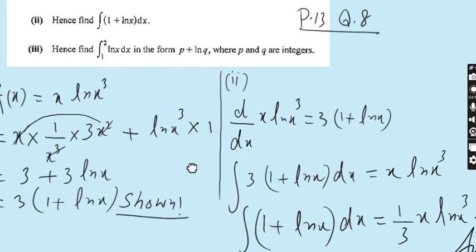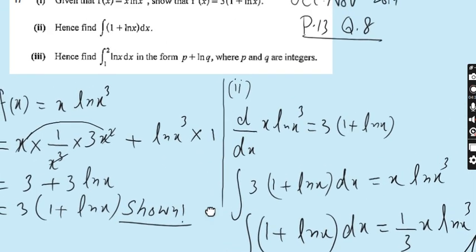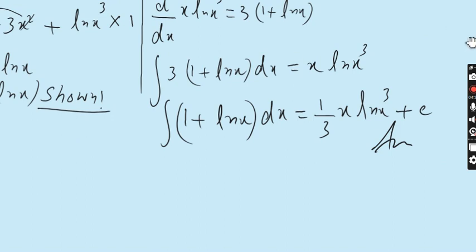Hence find, with limits 1 to 2, the integral of ln x dx in the form of p plus ln q. Very easy. Limit is 1 to 2. So first we have to integrate ln x.